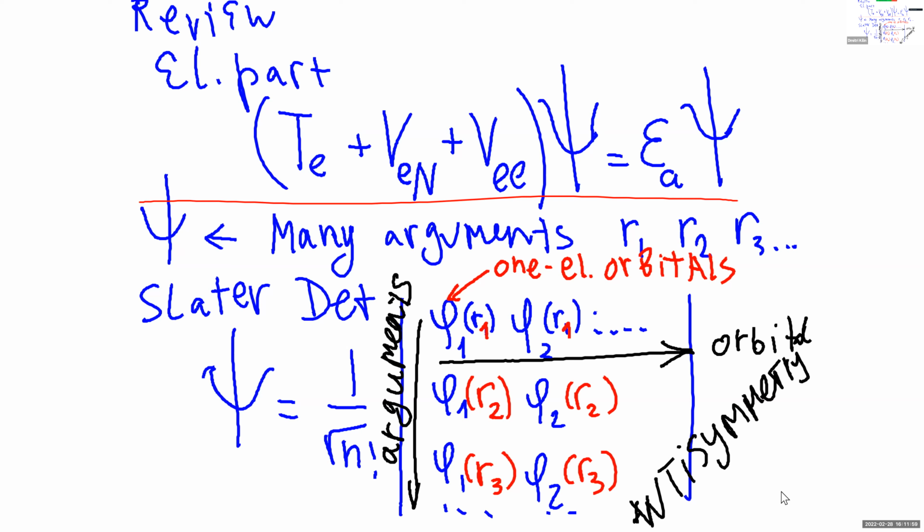So the rule of Slater is that we make a matrix where in one dimension we change the index of orbital, and in another dimension we change the index of electron, and then form a determinant of this matrix. And this determinant will have summations and subtractions of products in a specific way, which comes from the determinant definition.